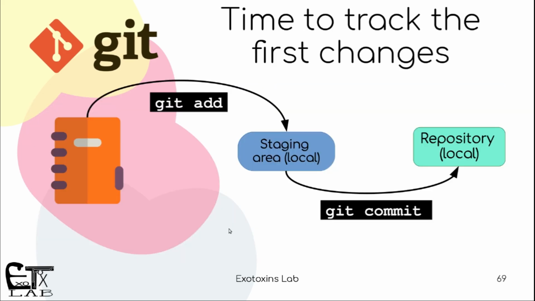Now it's time to track your changes in your computer, and this is only for your own computer, okay? So you have your document and you have made some changes, then you use the command git add, which is going to put the documents that you tell it to follow in the staging area. And in that staging area you put all the files that you modified and that you want to keep in a group.